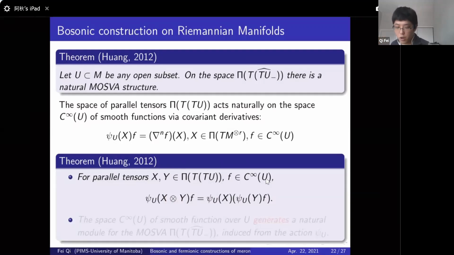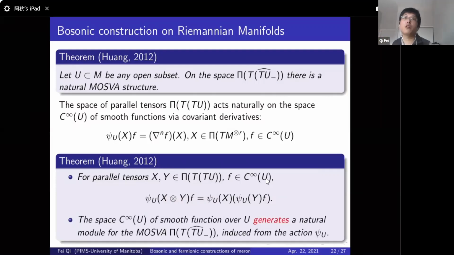And the second result, based on this result, using the same induced modules procedure as you have seen before, we can see that the space of smooth functions over U will generate a natural module for the meromorphic open string vertex algebra given by the parallel sections.